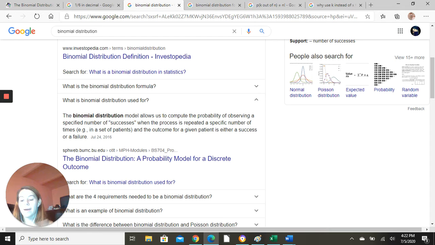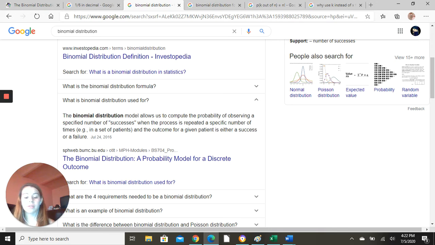All right, so my example that I want to show to you guys is one from throw a die. So a fair die is thrown 4 times. Calculate the probabilities of getting 0 twos, 1 two, 2 twos, 3 twos, and 4 twos.